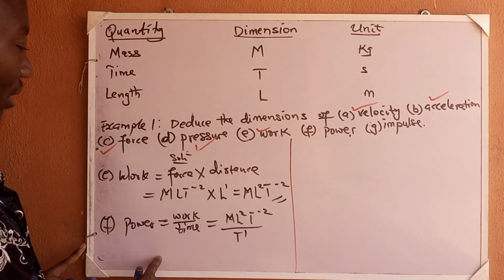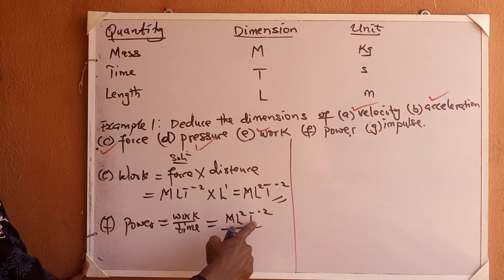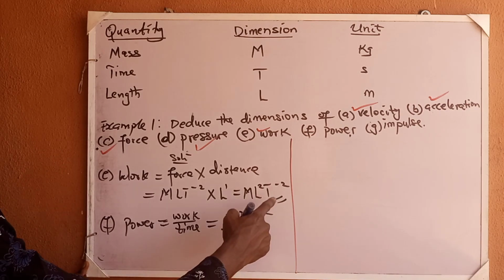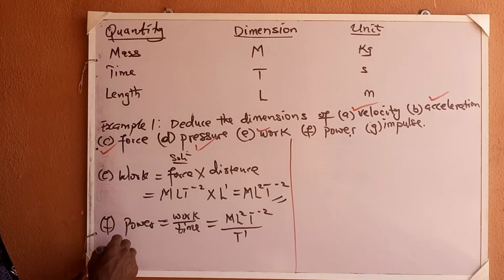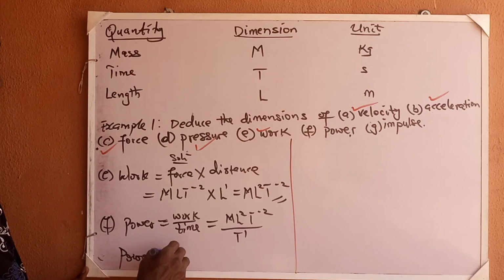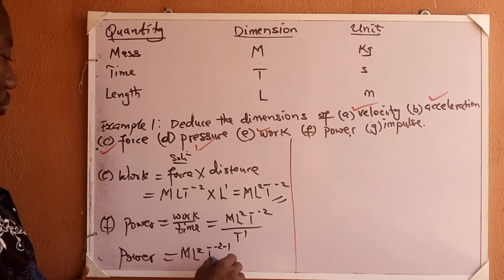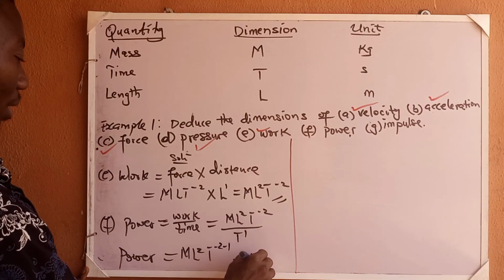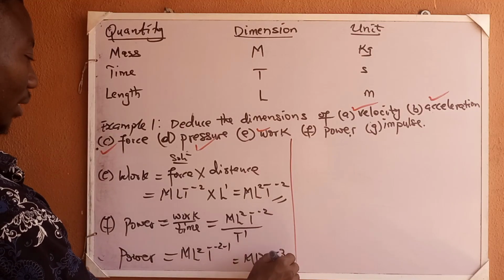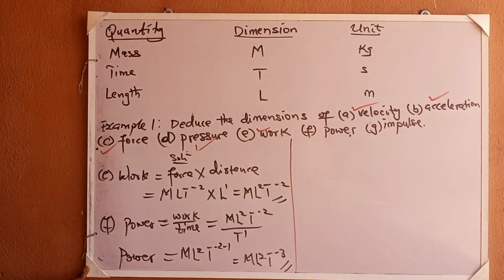Again, we apply the law of indices. We have T here, we have T here, and they are dividing, so their power will be subtracted in this fashion. So the dimension of power will be ML squared T to the power 2 minus 1. That will be ML squared T to minus 3. That's the dimension of power.